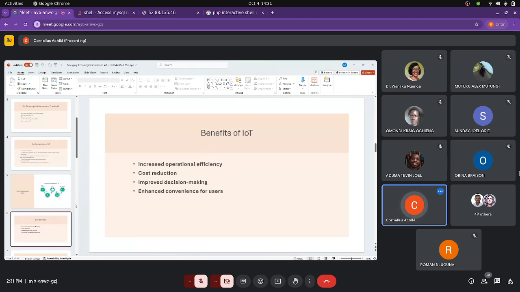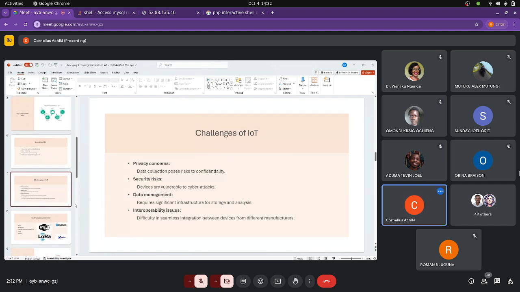So inherently, you have that convenience: if I am at work and something in my house is not going right, you're able to tell that something is going wrong, and I can ask someone to attend to that as soon as possible. So those are some of the benefits of IoT. I think there's a slide I will share also that explains this much better.